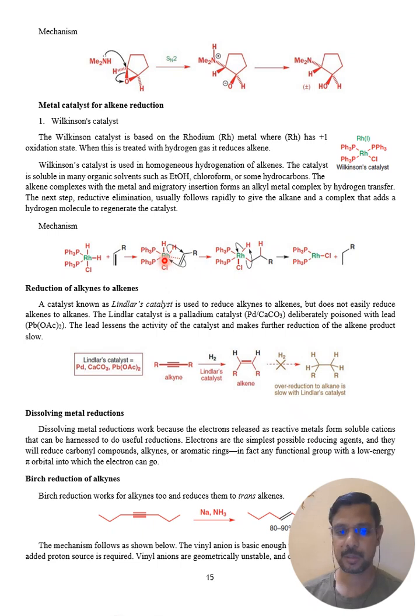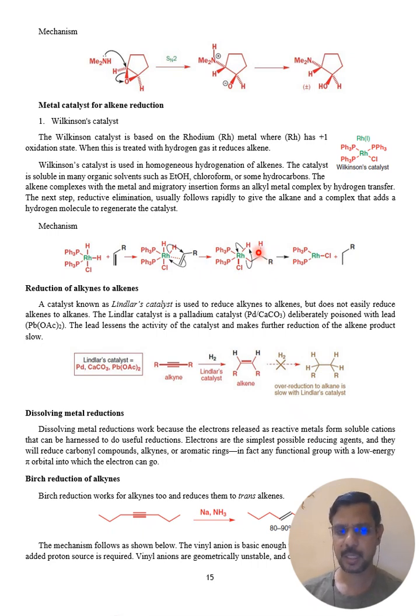Oxidative addition. As the oxidative addition happens, one of the hydrogens is added to the double bond, and the terminal carbon of the double bond always attaches to the rhodium metal, right?